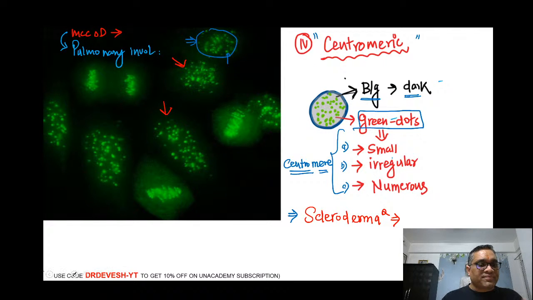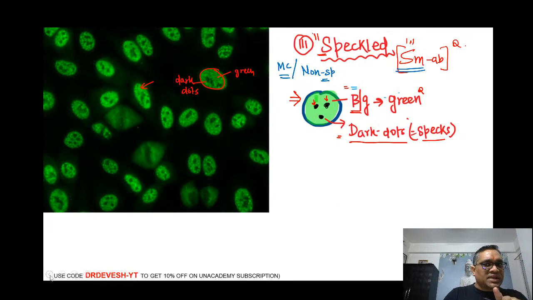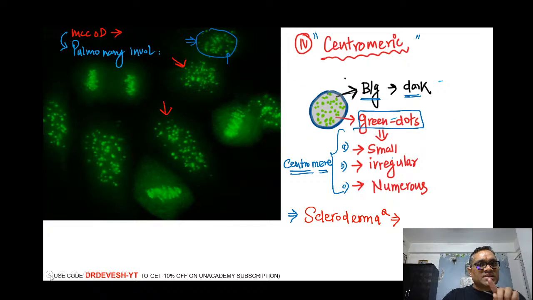Now you understood the difference. Here it is opposite: the background is dark and green dots are present. How are the green dots? Small, irregular, numerous, corresponding to the centromere.